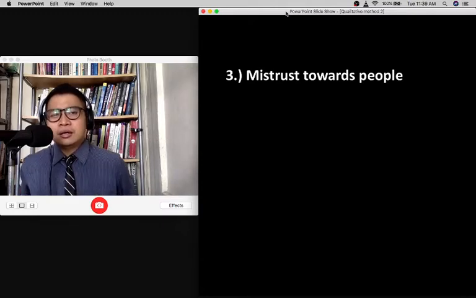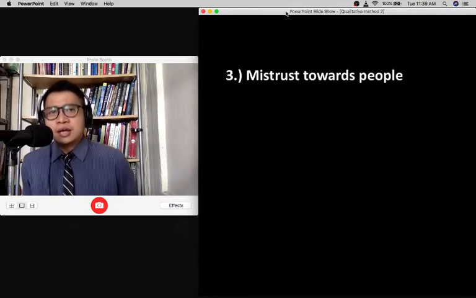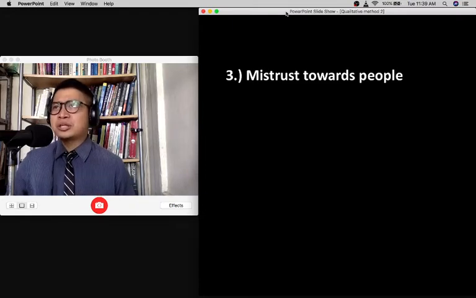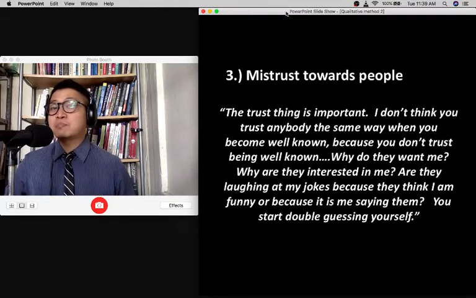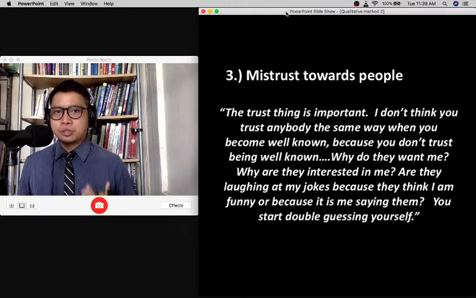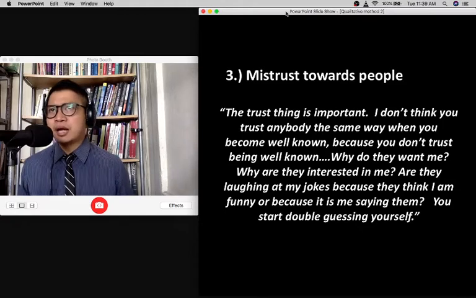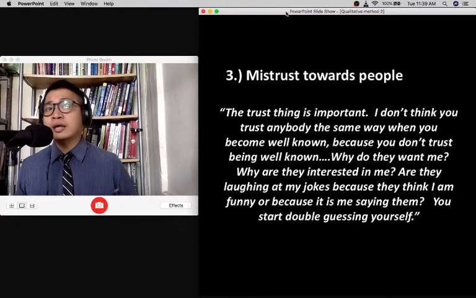Number three, this is also very interesting. Another key experience that famous people have is that they develop a certain level of mistrust towards people. Mahirap na silang magtiwala sa mga tao na nakapaligid sa kanila because they are so famous. Almost all people like them. So nakakapagduda, sino ba dito sa mga taong ito na malapit sa akin yung gusto ako for who I am?